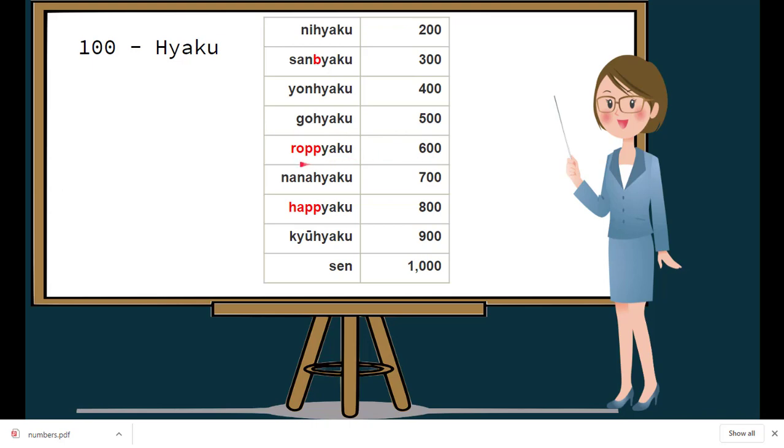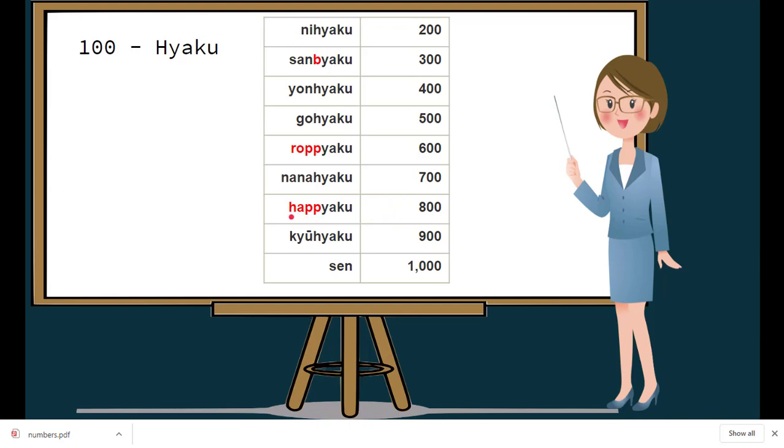600 is roppyaku. Take note again that 600 is not rokuhyaku for 6, but it is roppyaku. These red letters here indicate that there is a change in the basic number 6 to rop instead of roku. So 600 is roppyaku. 700 is nanahyaku. 800 is happyaku.